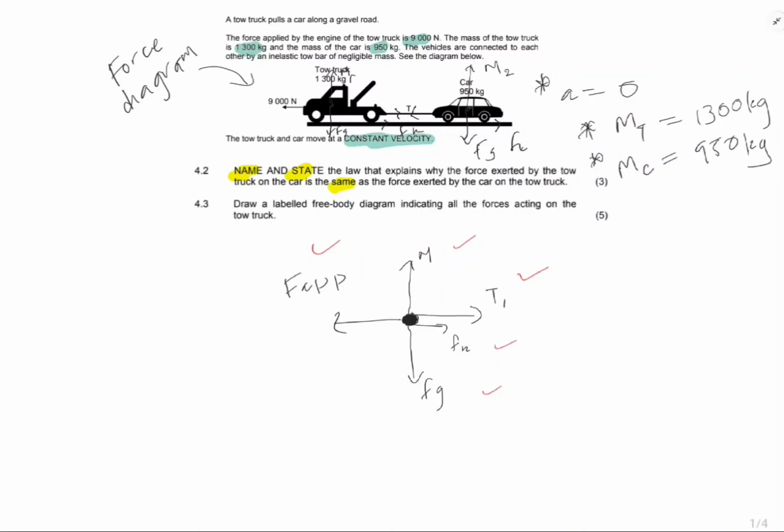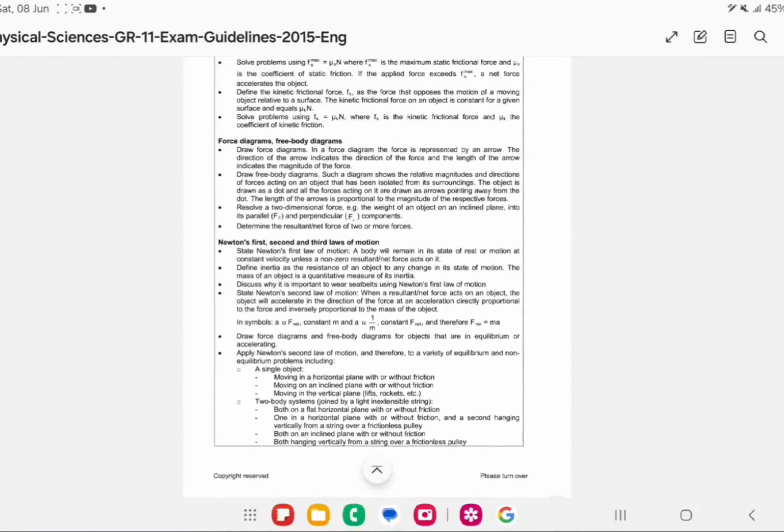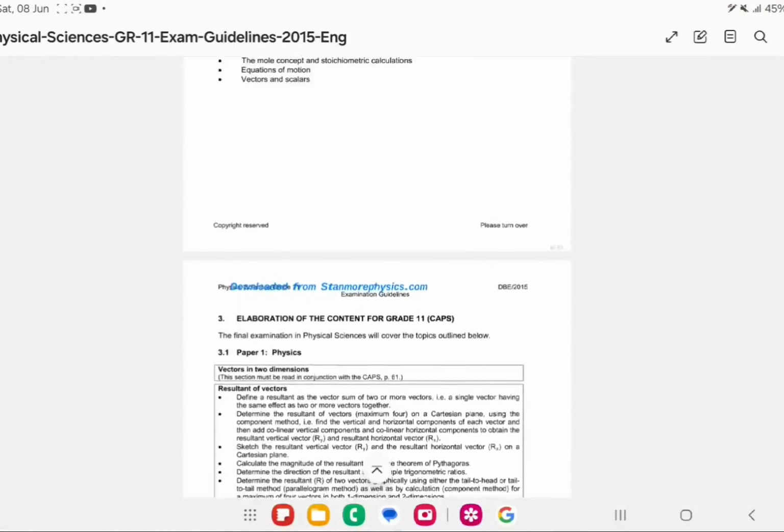Also always note that constant velocity means the acceleration is 0. And always go to your exam guideline. I think I showed you. It has all the definitions and a summary of the concepts.